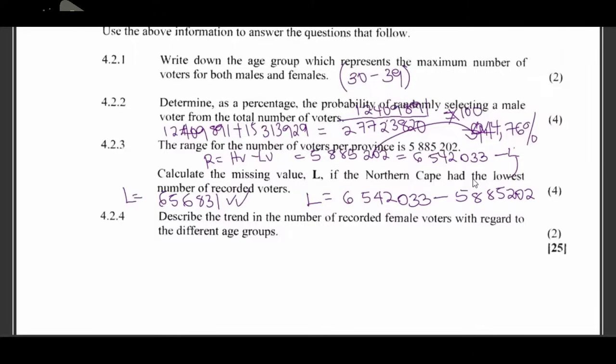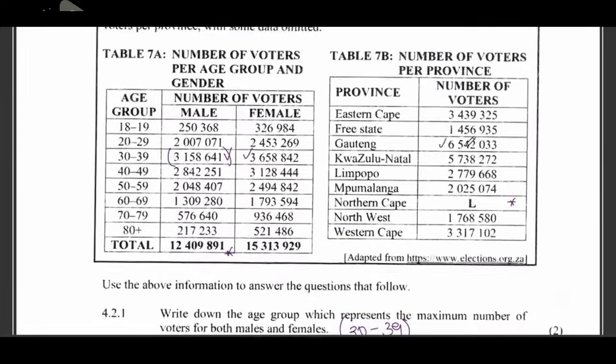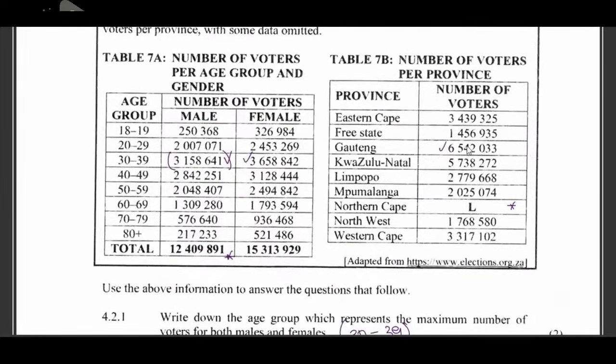That's the L. Describe the trend in the number of recorded female voters with regard to different age groups. What is the change? When you look at the male voters, here we are. When you look at it nicely, what's the trend? What do you see? As a trend, we can say the number keeps increasing.